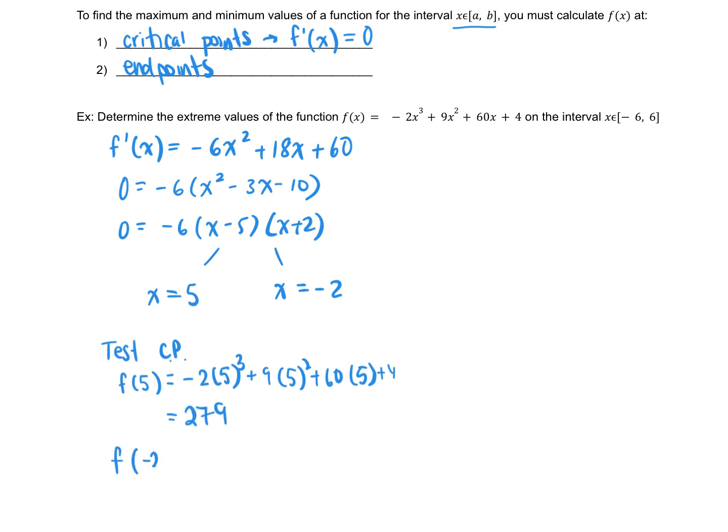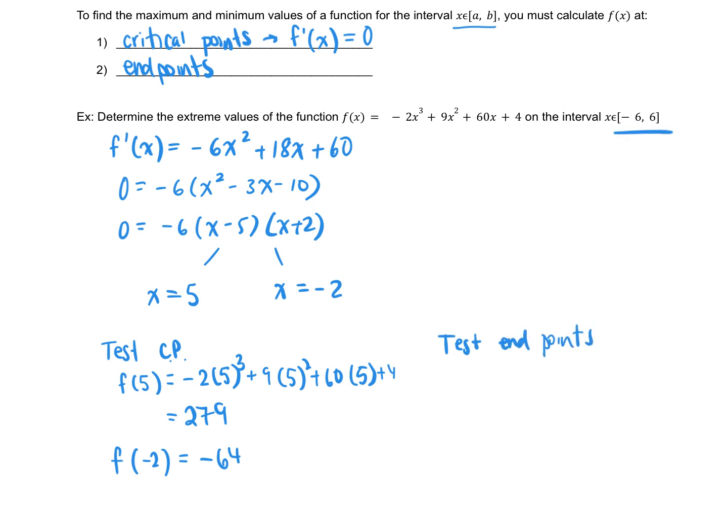Then if I try f at -2, and again, same thing, replace x with -2, I end up getting -64. So right now that could look like a maximum and a minimum there, but we never know. Maybe the endpoints are actually a little higher or a little lower than what we have for our critical points. So I'm going to test the endpoints as well.